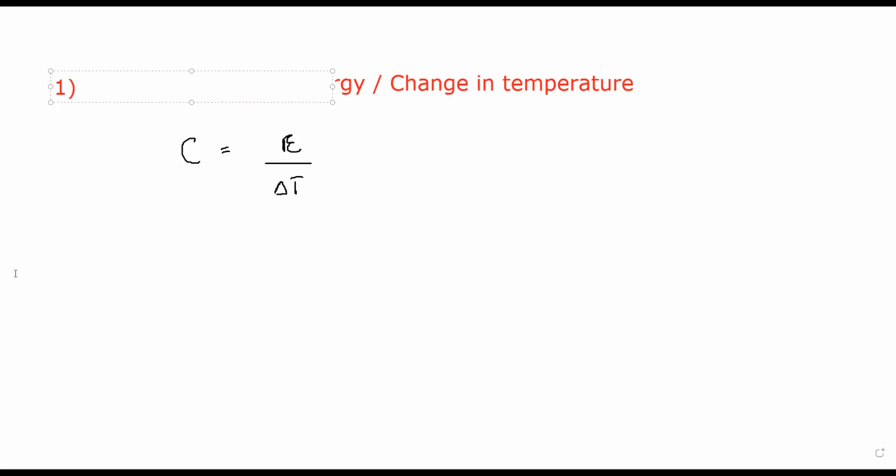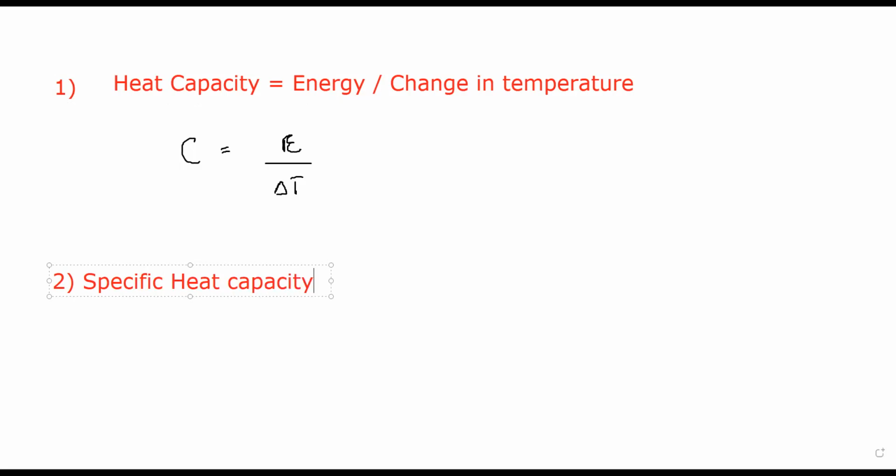Then the second formula is the specific heat capacity. The specific heat capacity is equal to the energy which we supply divided by mass times temperature change.